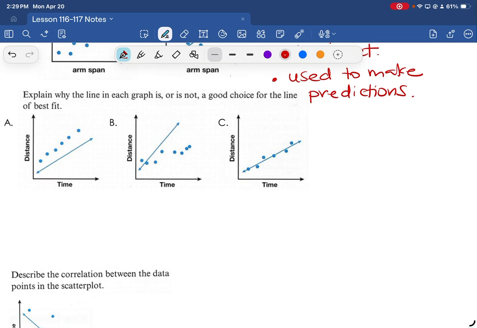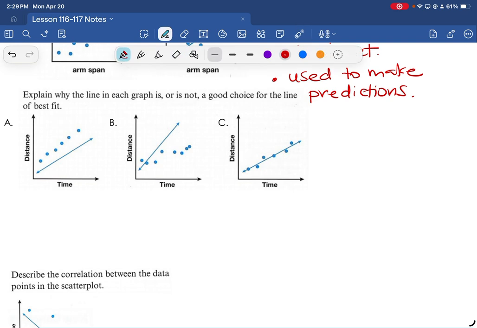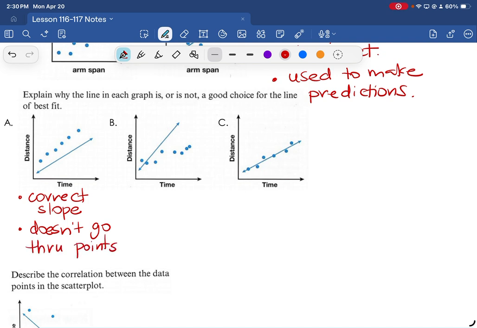Let's look at example A. It is not a good example of a line of best fit because although it has correct slope, it's just below all of them. It doesn't go through the points. So correct slope, but doesn't go through the points.